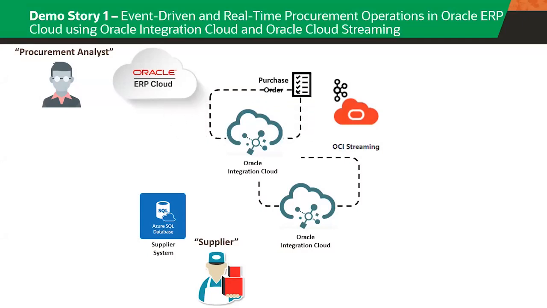He or she is gonna generate a purchase order, and that purchase order is gonna be captured by Oracle Integration Cloud and sent to OCI streaming. And once we have that, we're gonna consume that stream, that purchase order data, and then we're gonna push that data into Azure SQL database. In this case, Azure SQL database is representing, for instance, the supplier system where we need to send this purchase order to, okay?